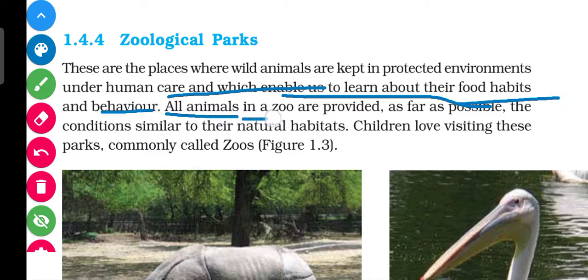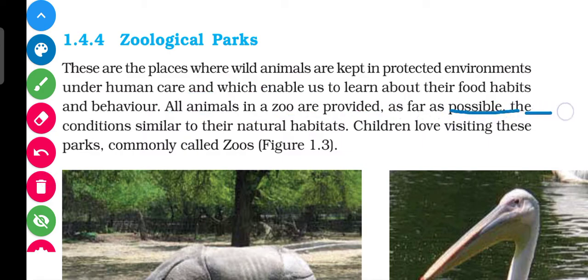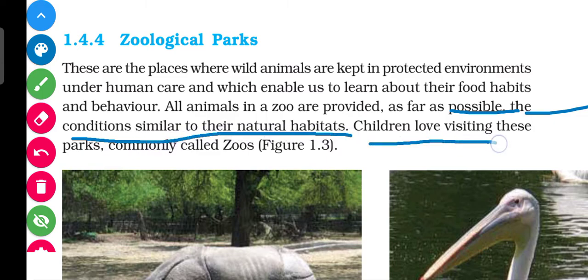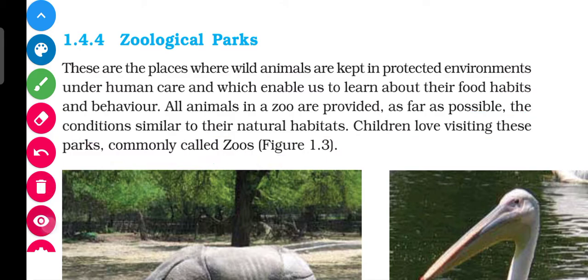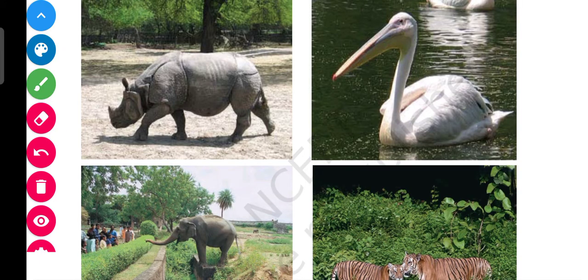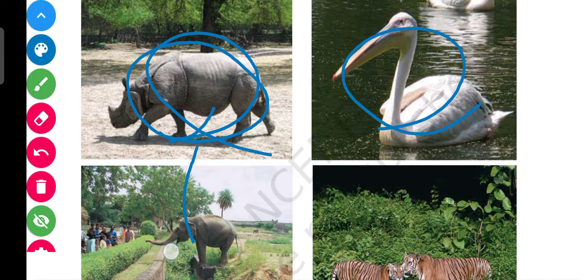Also, all animals in a zoo are provided, as far as possible, conditions similar to their natural habitats. Children love visiting these parks, commonly called zoos. These are some examples in a zoological park: rhinoceros, swan, elephant, and tiger.